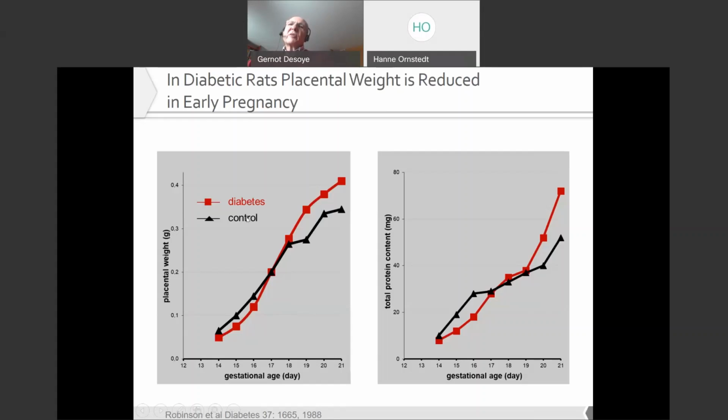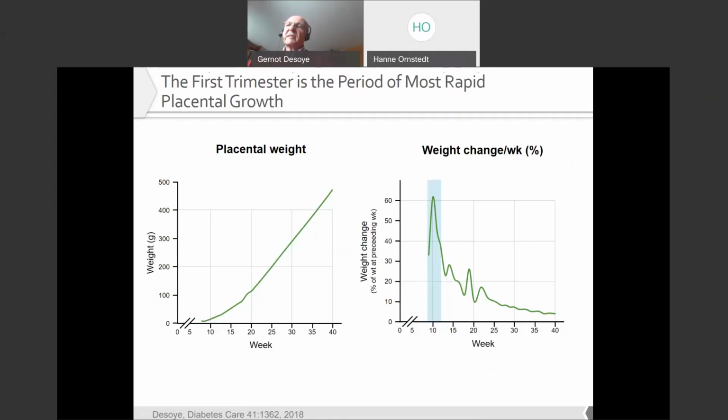And this does not only apply to placental weight, which may have been due to an increase in the water content, but as you can see here on the right panel, the same dynamics can be seen for the total protein content.